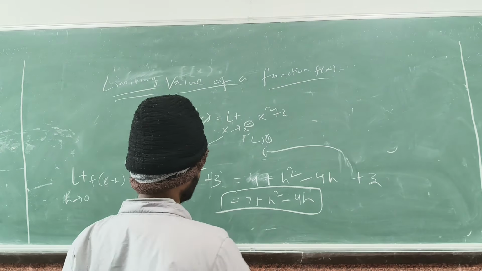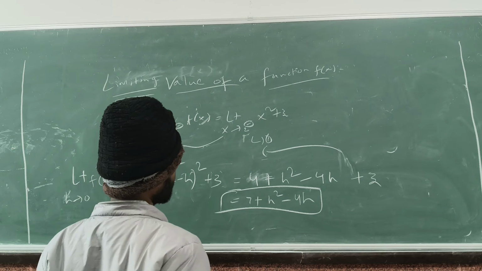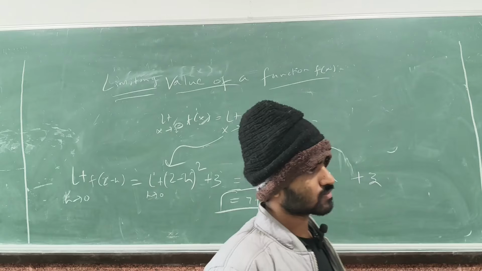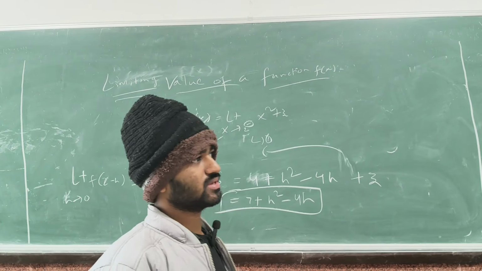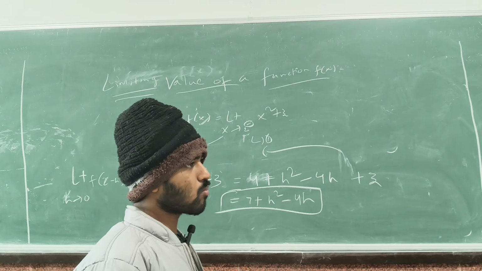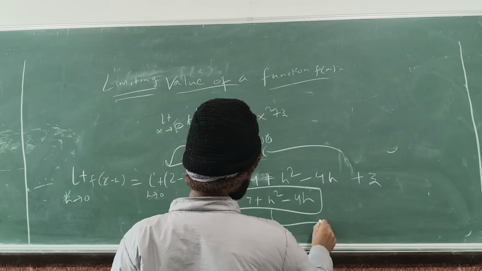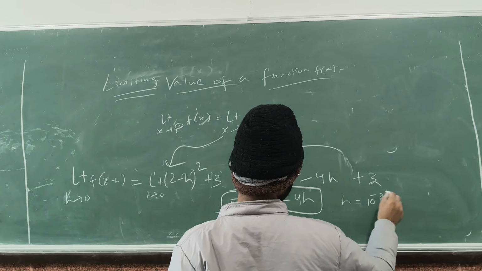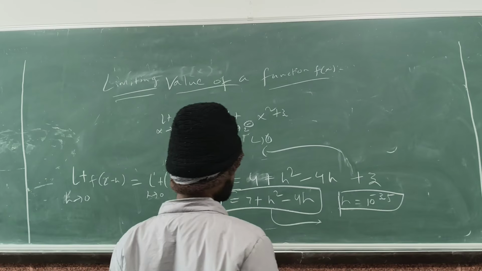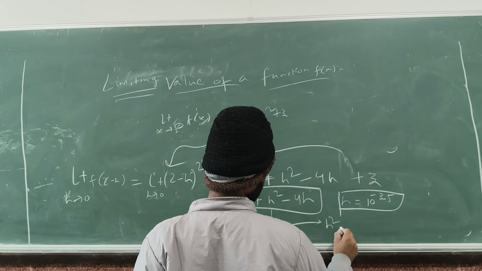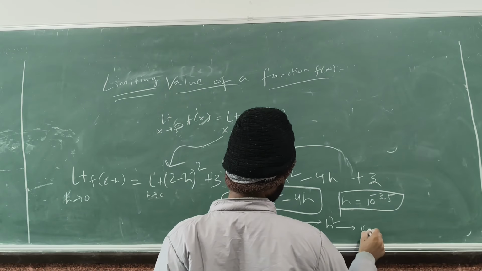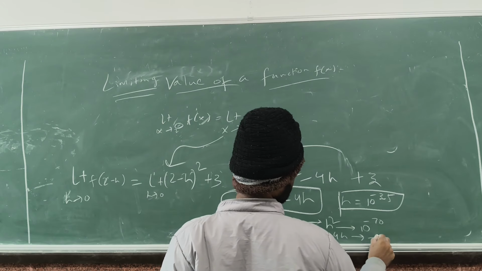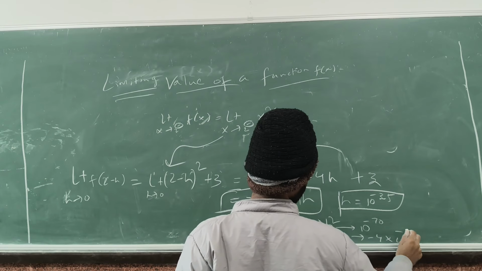Since h is very small, let's take for example h is 10 power minus 35, which means h square is 10 power minus 70, minus 4h, minus 4 into 10 power minus 35.